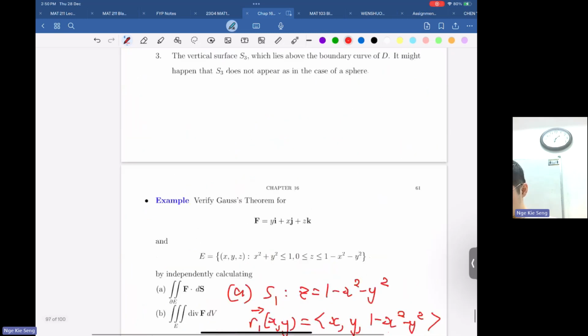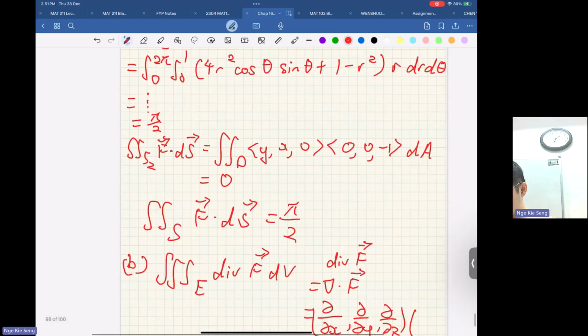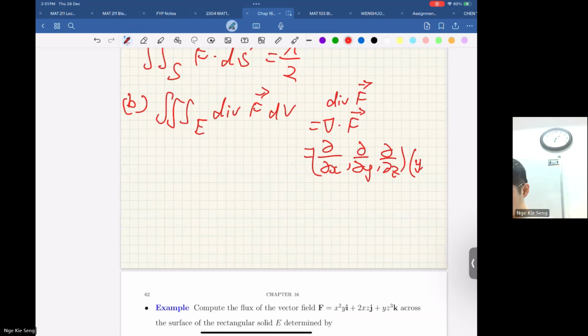What is our f? y, x, and z. So what do you get after dotting these two? The thing that survives is del z, del z. So you just get one.